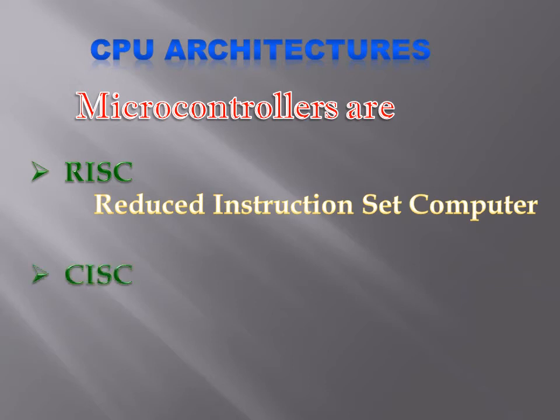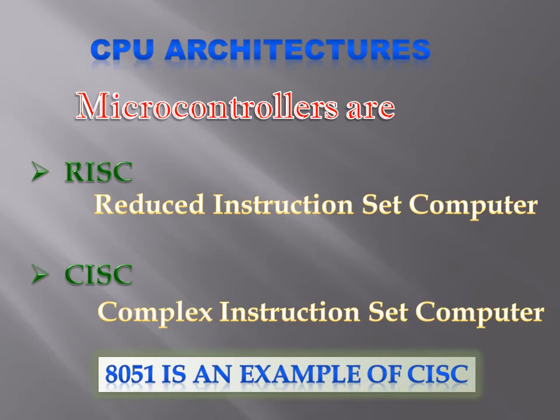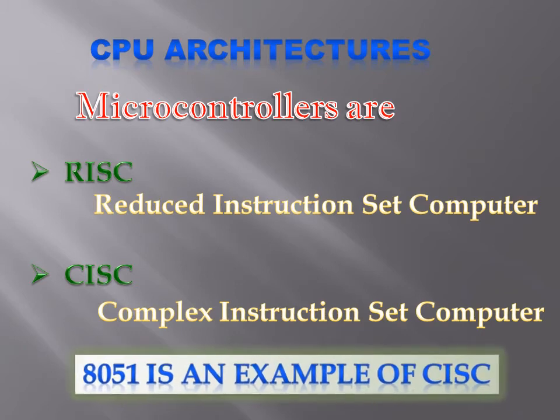And the second type, we call CISC, is the complex instruction set computer. So what we are discussing here, the 8051, is the second type, that is, a CISC sort of microcontroller.